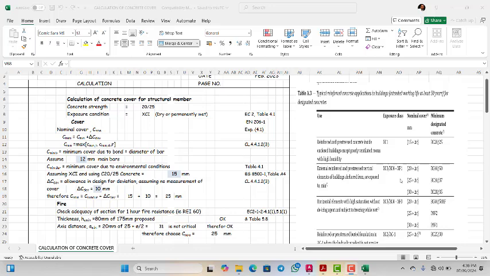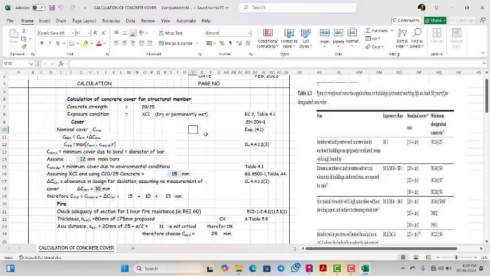Now, what does fire resistance actually mean? Fire resistance is a process in which a concrete cover is provided for a structural element.